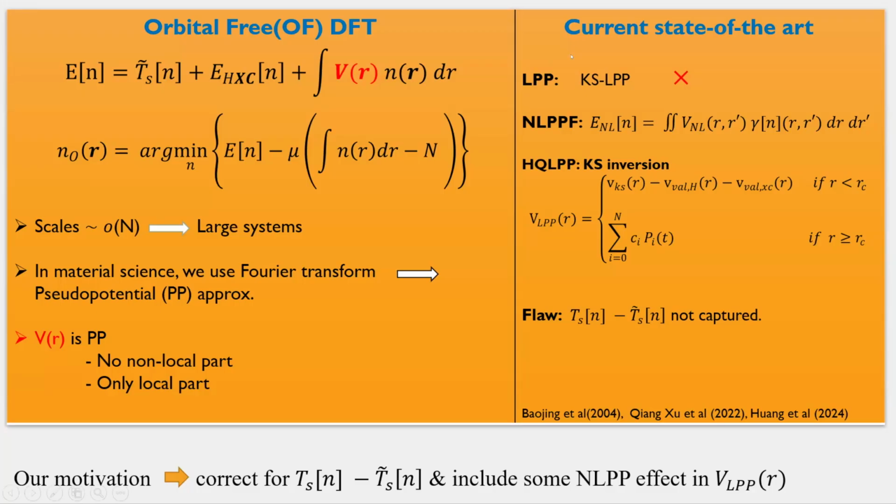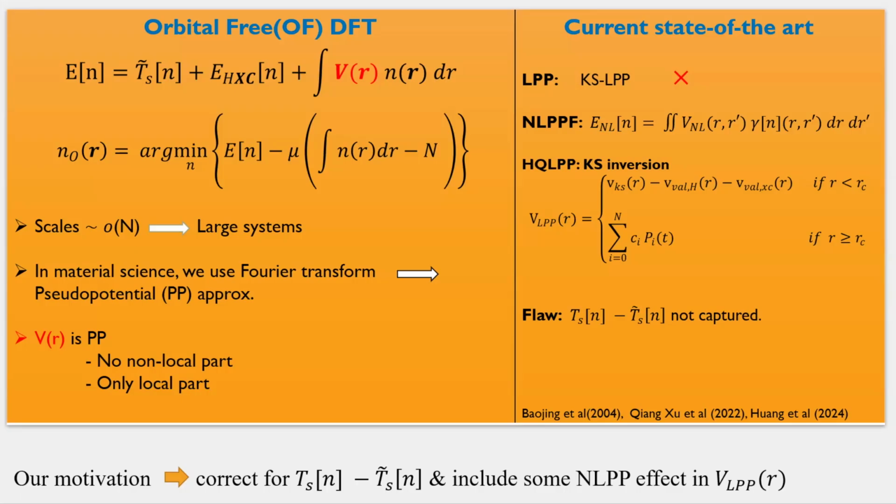There are current state-of-the-art methods for generating pseudopotentials for orbital free DFT. One is taking the non-local parts of the Kohn-Sham pseudopotential and using it right away in orbital free DFT. Over time, it has been discovered that this is an inaccurate method.